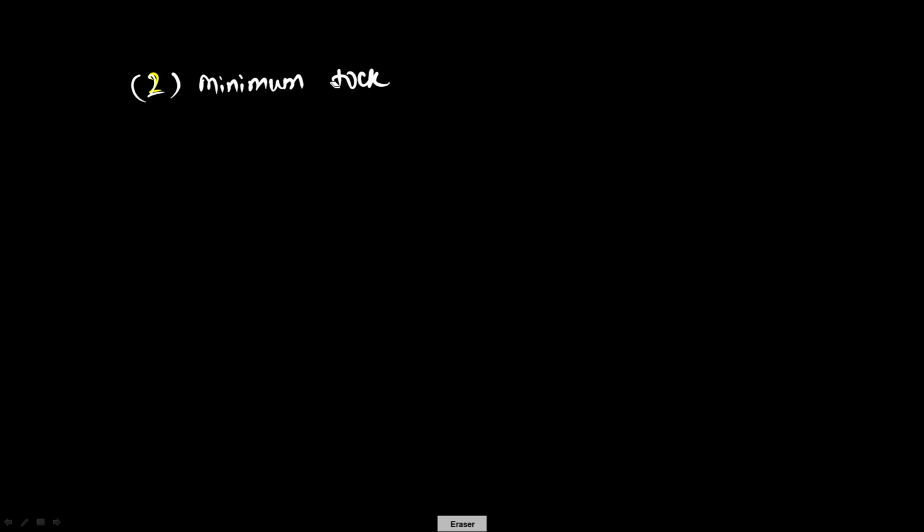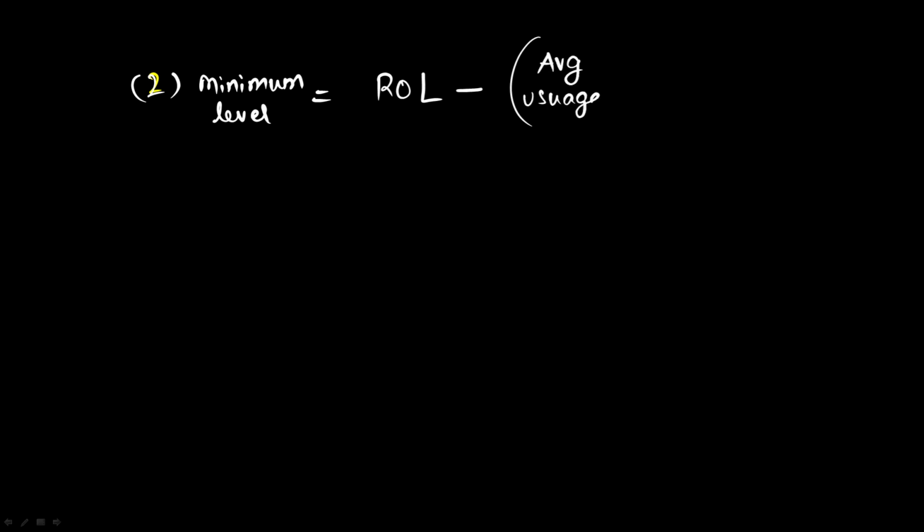It should be minimum level. Minimum level will be equal to reorder level minus average usage multiplied by usage is consumption.